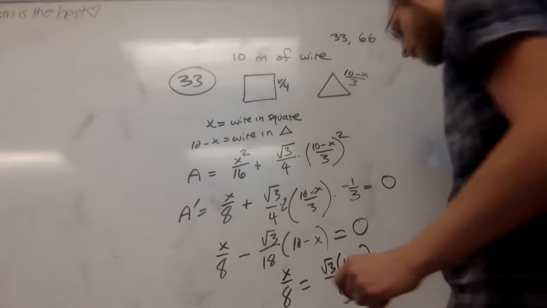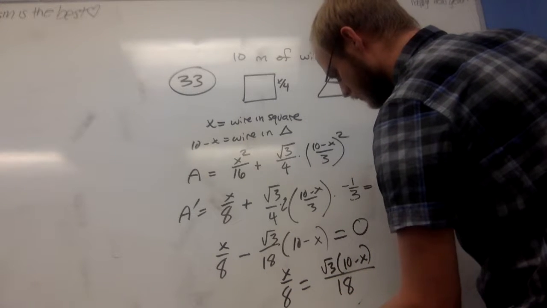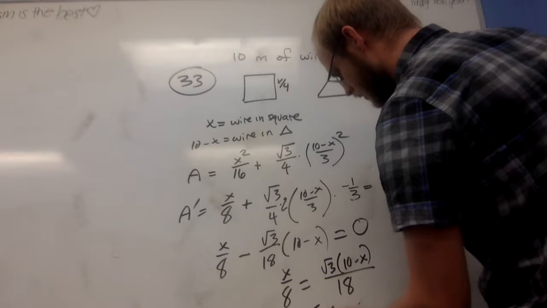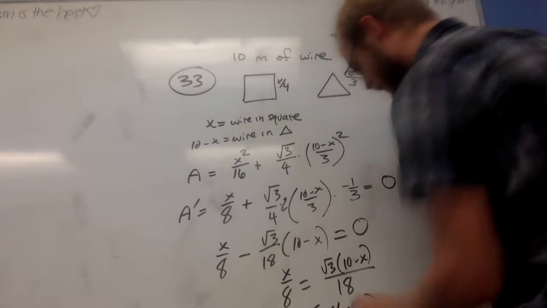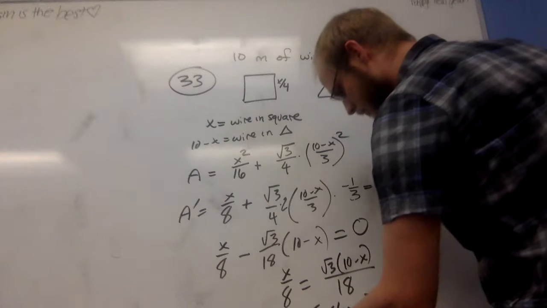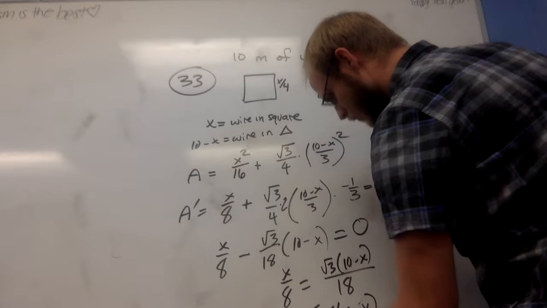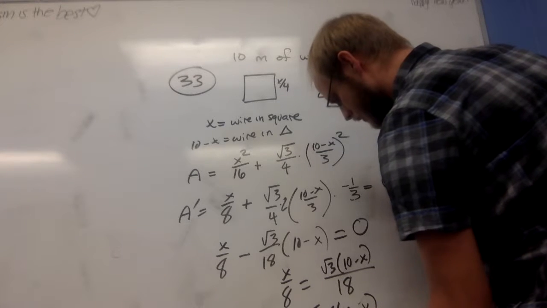And now we can cross multiply. So we get 18x equals root 3 times 8 times 10 minus x. We can cancel out a factor of 2 on both sides. So we get 9x equals 4 root 3 times 10 minus x.